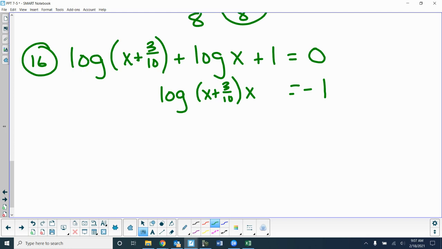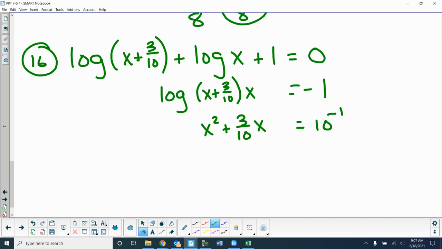Okay. So Andrew, since you've been really paying good attention, what's the exponential problem now? No, flip it. Right, 10's here, right? To that power. Okay, because there's no number written, so it's base 10, right? Equals x squared plus 3/10 x.